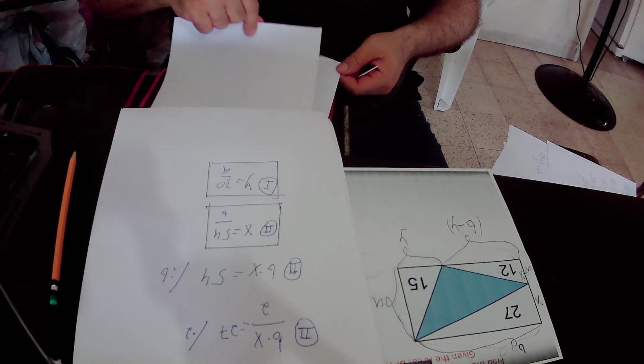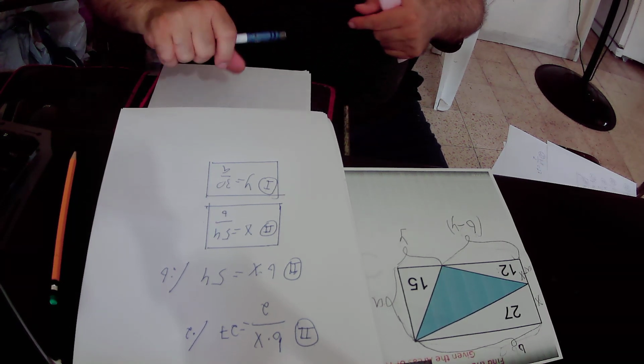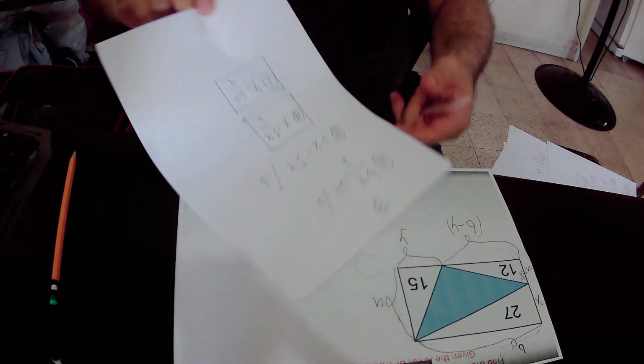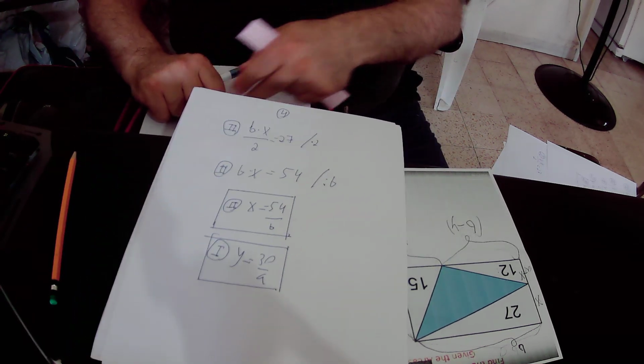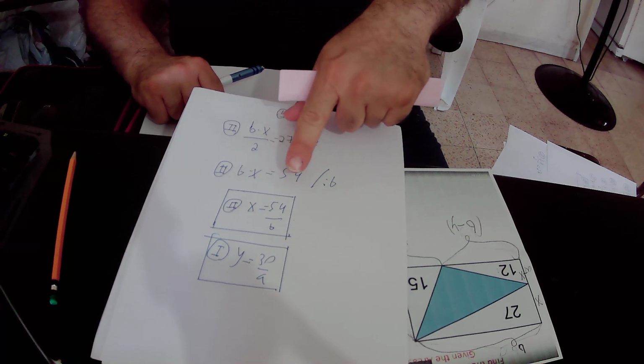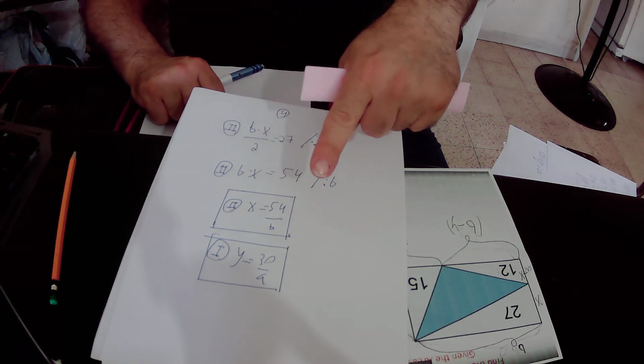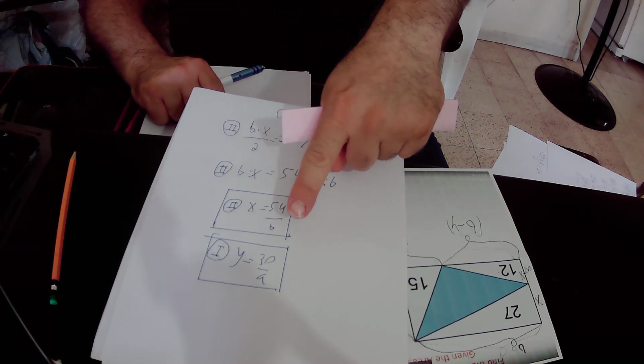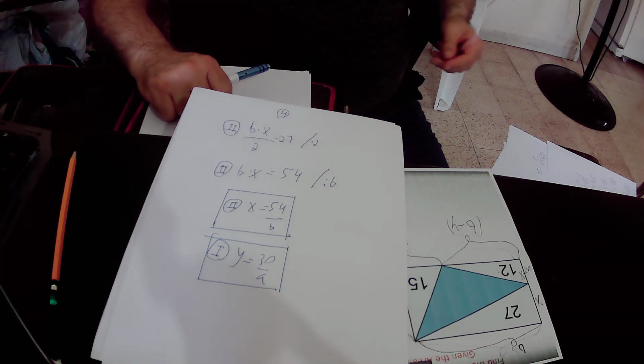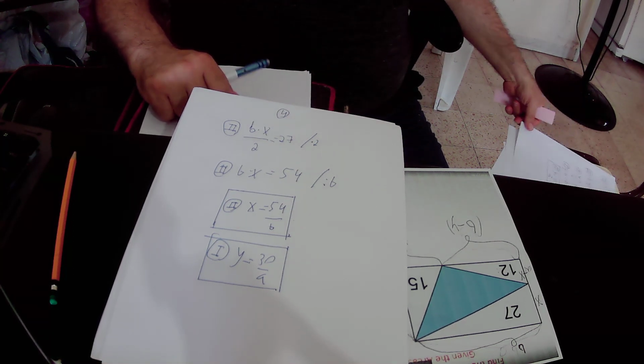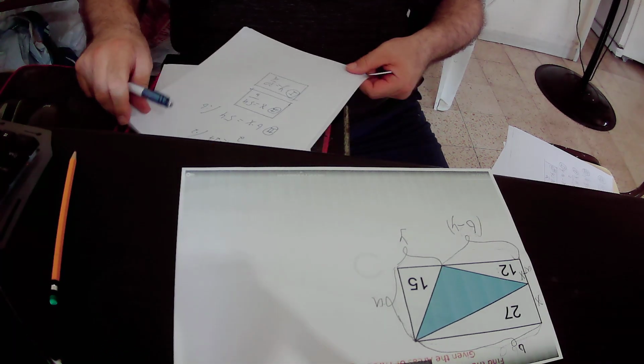Now, as you can see, x equals 54 over b and y equals 30 over a. And now we have the third equation.